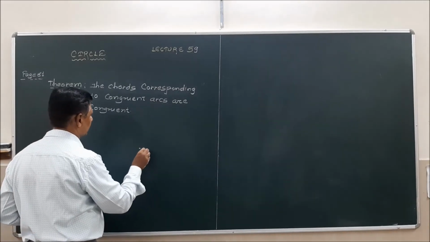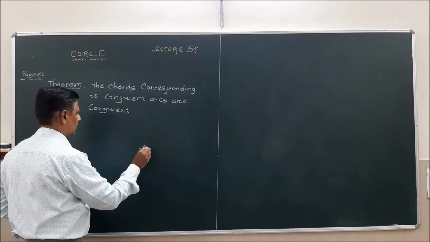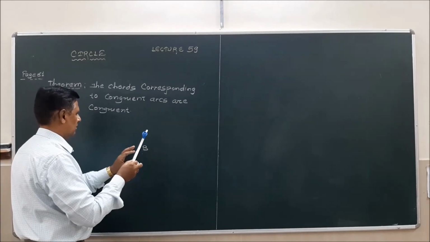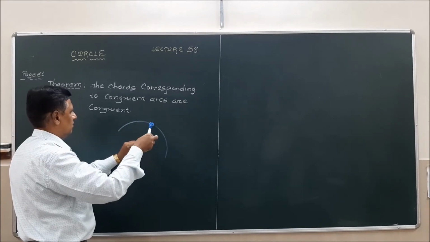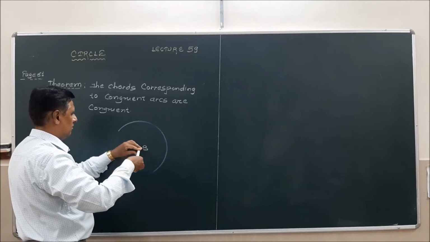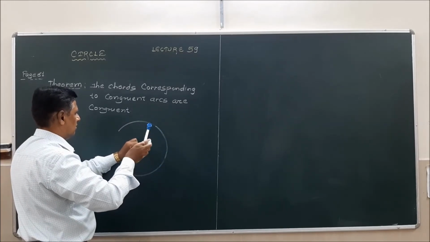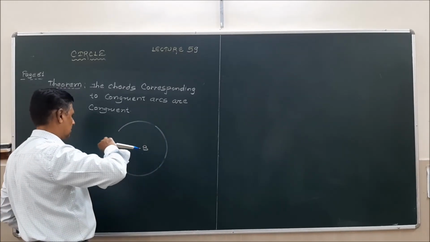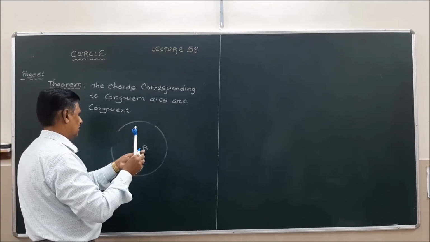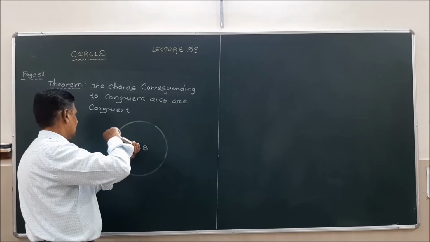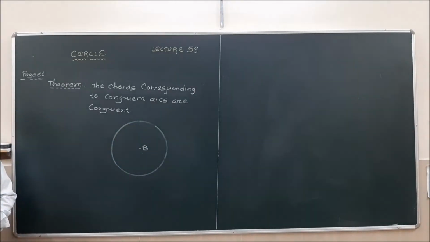B is given as the center of the circle. So B is the center of a circle.